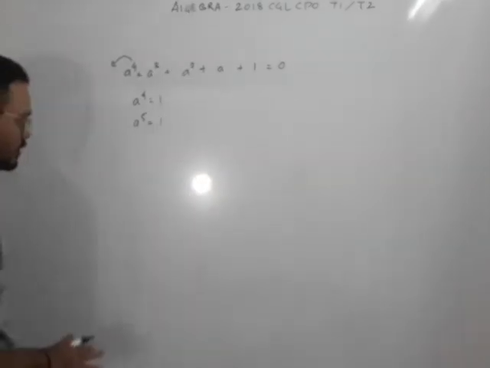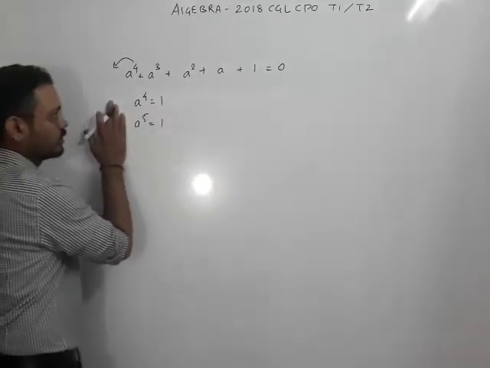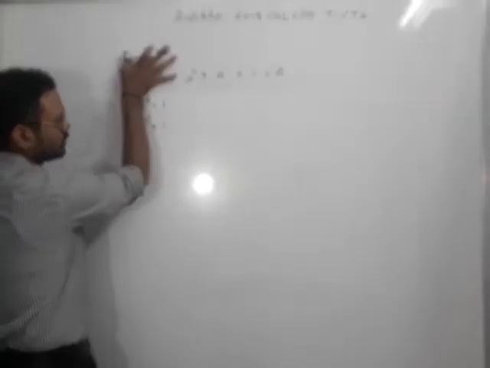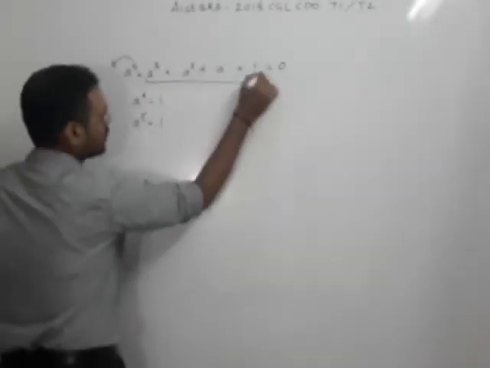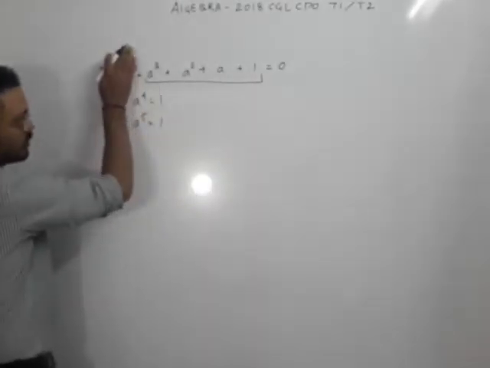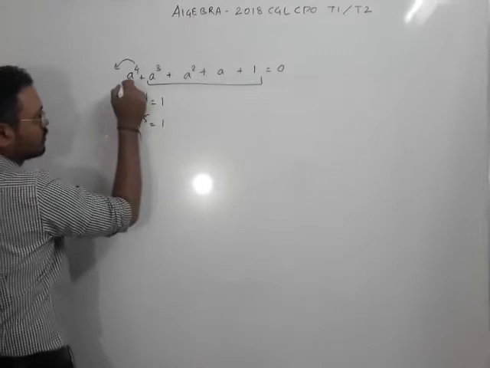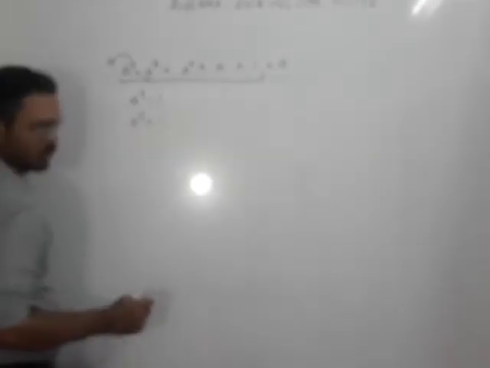It was once discussed. For now, you just have to remember, if this is given, this means a cube is 1. If this portion is given, it means a raised to 4 is 1. If this is given, from here till here, it means a raised to 5 is 1.